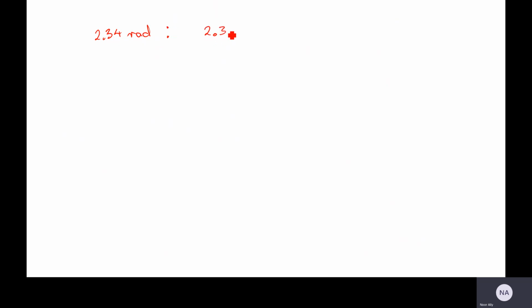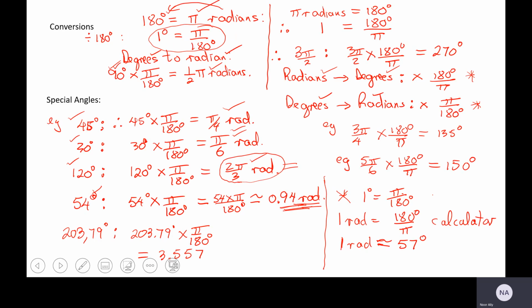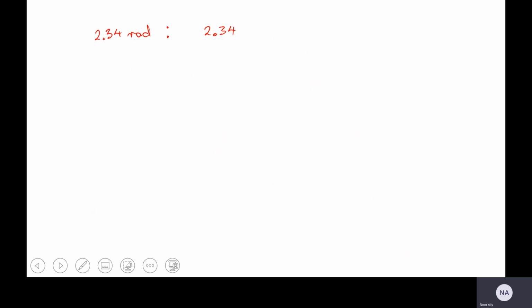What must I multiply? Radians to degrees, 180 over pi. So multiply 2.34 by 180 over pi, and I get 134.1 degrees.